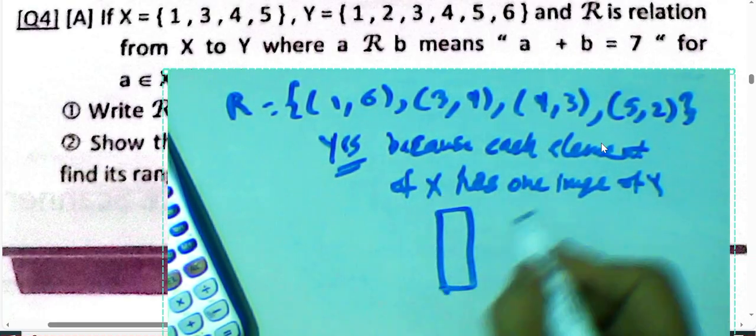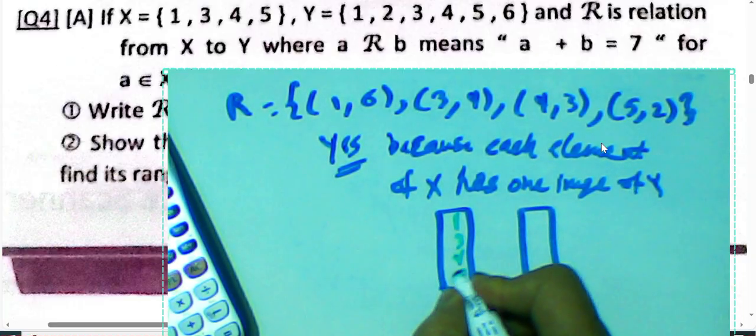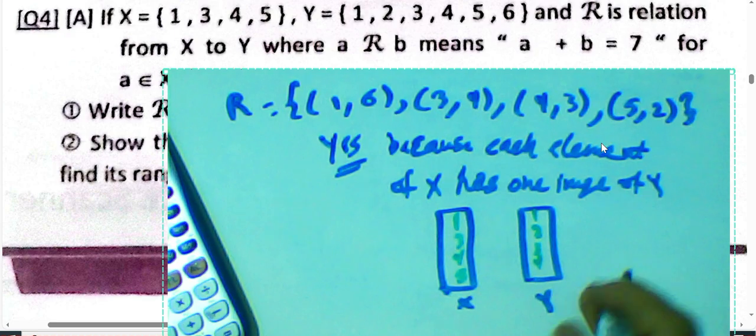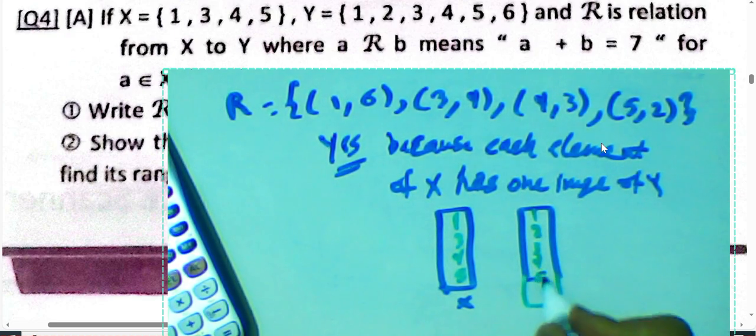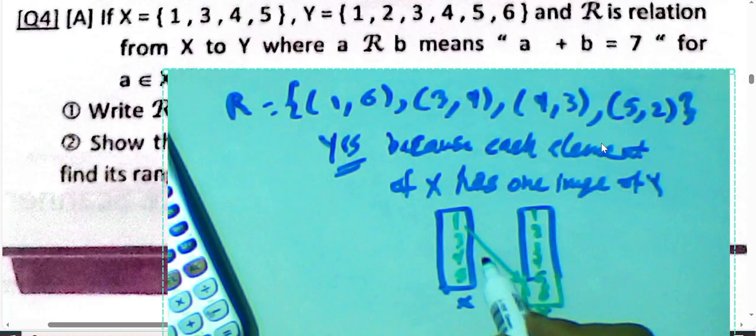First set x and second y. Write elements of x, all elements 1, 3, 4, and 5, and here 1, 2, 3, 4, 5, and 6. Then join 1 to 6, 3 to 4, 4 with 3, 5 with 2.